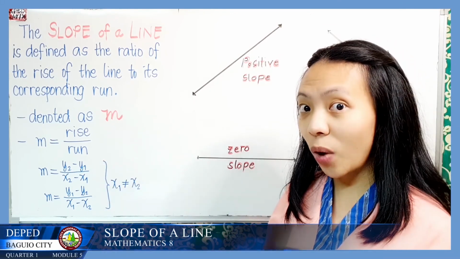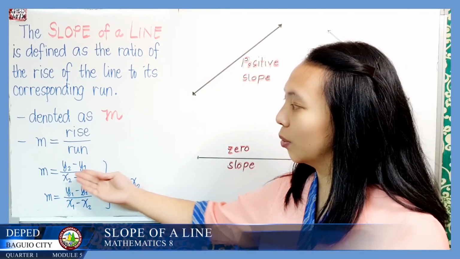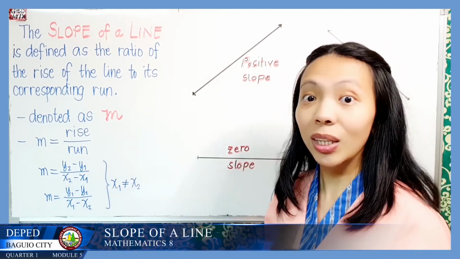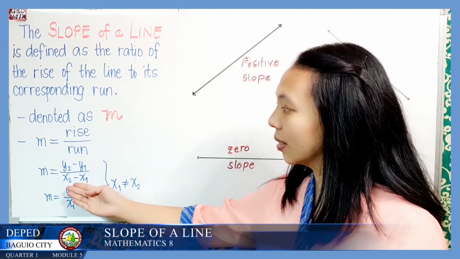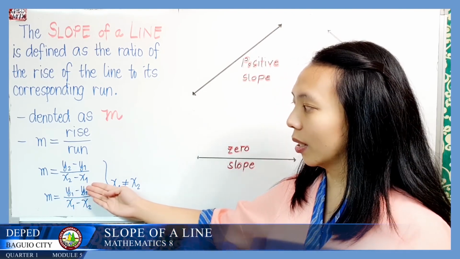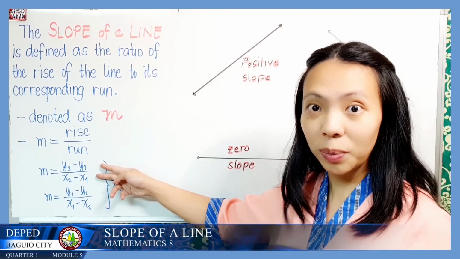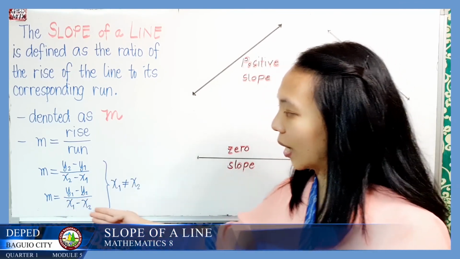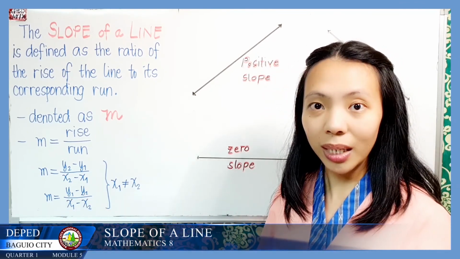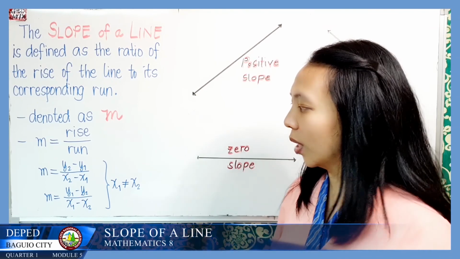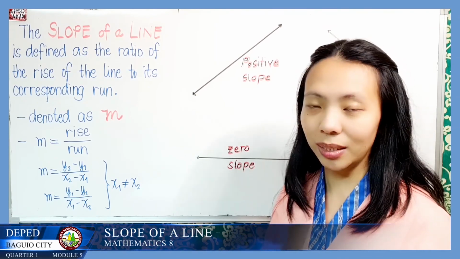The change in y means y sub 2 minus y sub 1, and the change in x means x sub 2 minus x sub 1. This could also be written as m is equal to y sub 1 minus y sub 2 all over x sub 1 minus x sub 2.